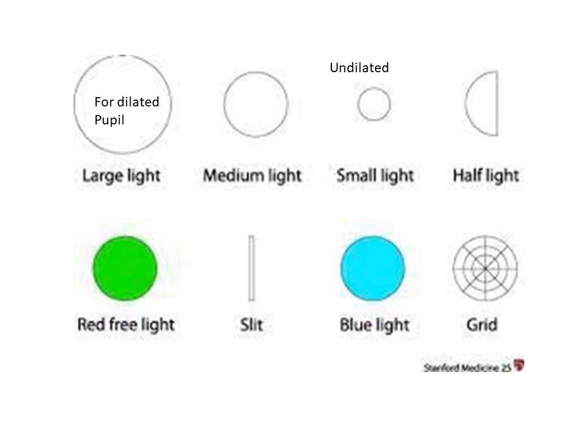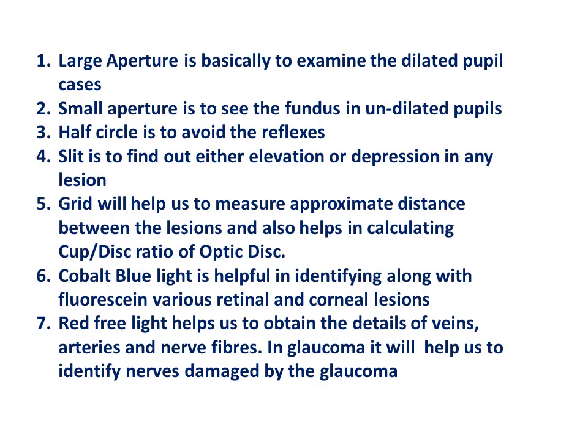In the next slide I am going to explain what are the uses of these particular apertures that are present in the direct ophthalmoscope and how we can make use of these apertures to identify various diseases. Large aperture, as I told you earlier, is basically to examine the dilated pupil cases.